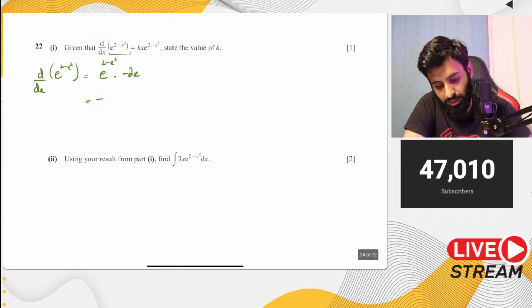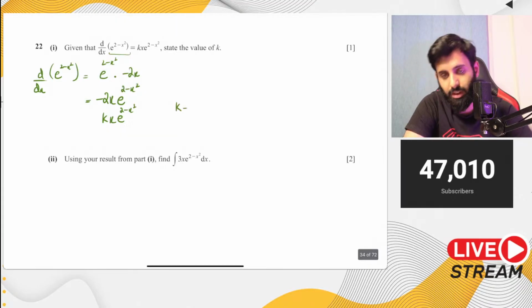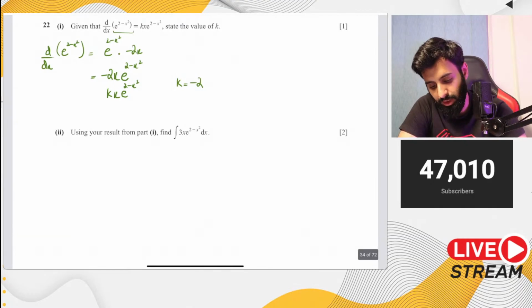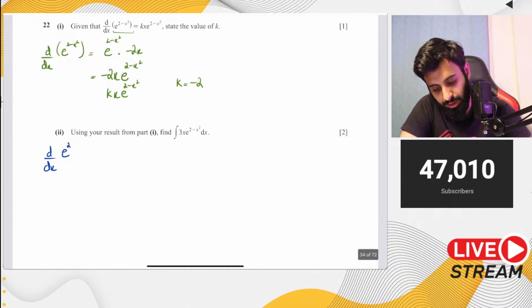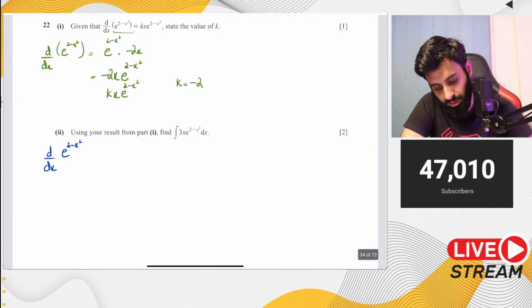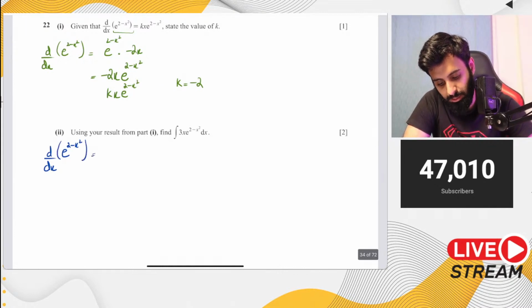You end up with minus 2x e to the power of 2 minus x square, and according to the question, you should end up with kx e to the power of 2 minus x square. So comparing the two, you can see that k is equal to minus 2. Okay. Now, after part 1, this is what you know. If you go the extra mile, even though sometimes the amount of working that you do won't do justice to the number of marks, going the extra mile will at least guarantee that you're doing it right.